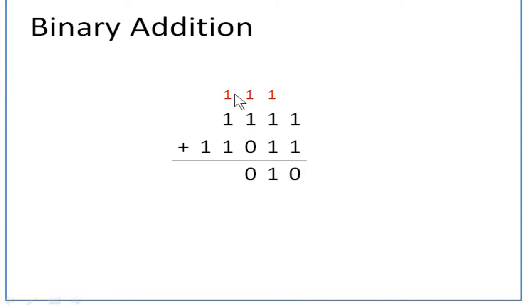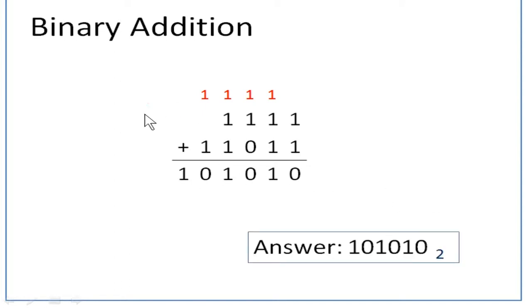Now you have 3 ones here, so 1 plus 1 is 10, 10 plus 1 is 11. Put the rightmost digit down and carry over the leftmost digit to the previous column. Now you have 1 and another 1 here, so 1 plus 1 is 10. That has to be written as it is, because you don't have any other column beyond that.